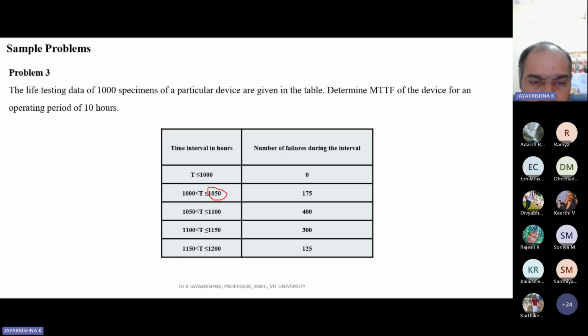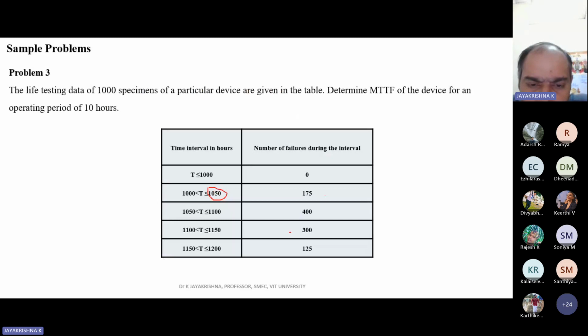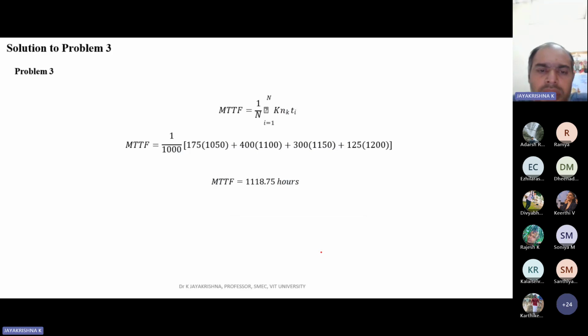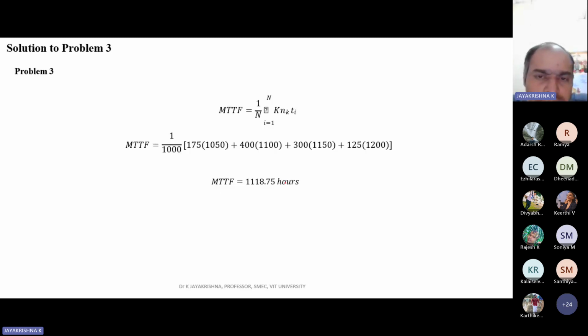At 1,050 hours, 175 failed. At 1,100, 400 failed. At 1,150, 300 failed. At 1,200, 125 failed. And the total is 1,000 components, so we calculate the MTTF.